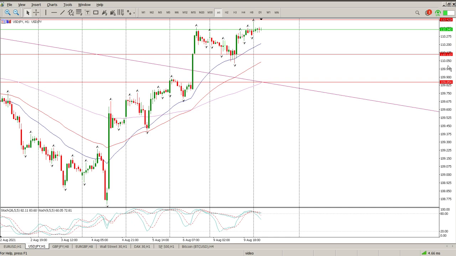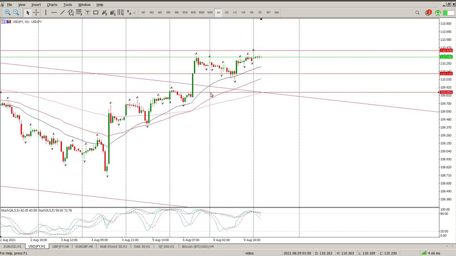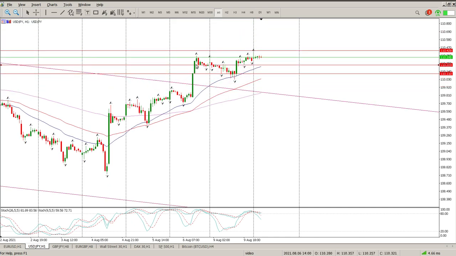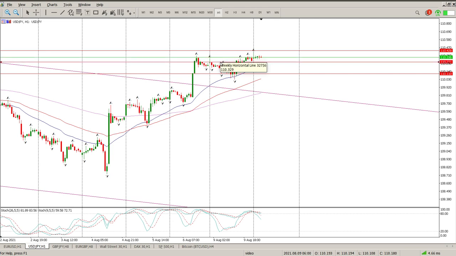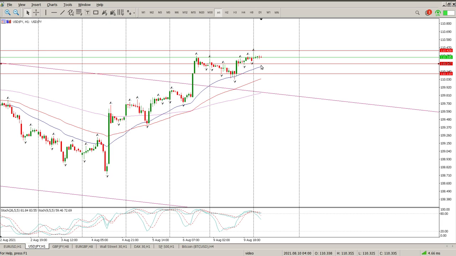Oscillators was grouped quite nicely as well, and then you had the acceleration. So for me today, expecting the same kind of thing really. Only difference is, where is that level? So we are at a level at the moment, and we've got another one in this area here. So I'm expecting this thing to climb, but remember this level up here is fairly strong, so it's 110.428, a very strong weekly level.